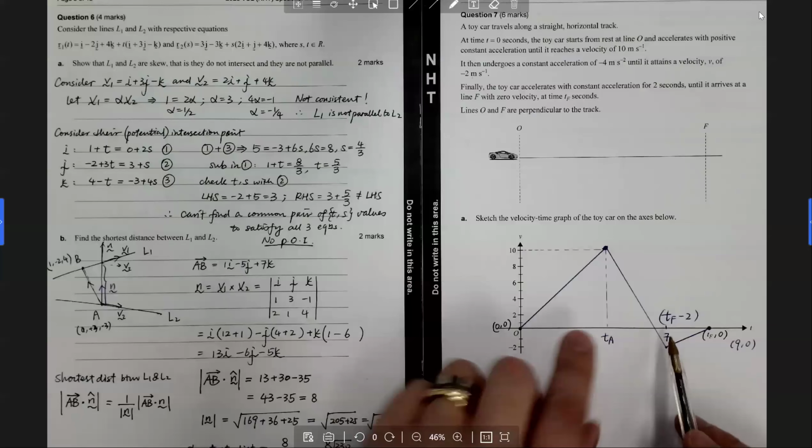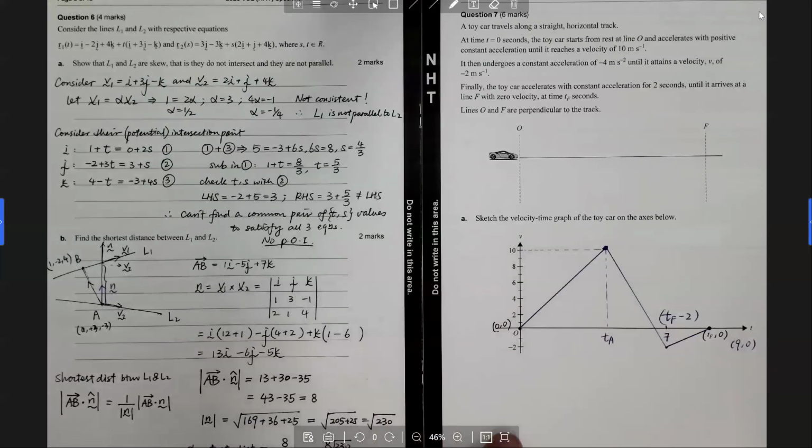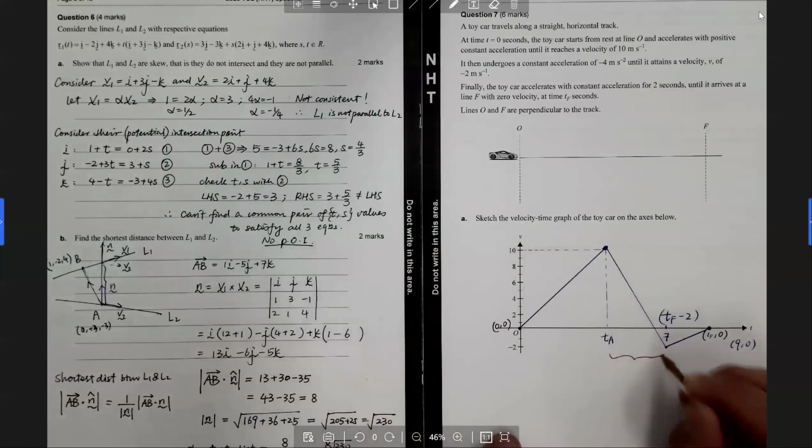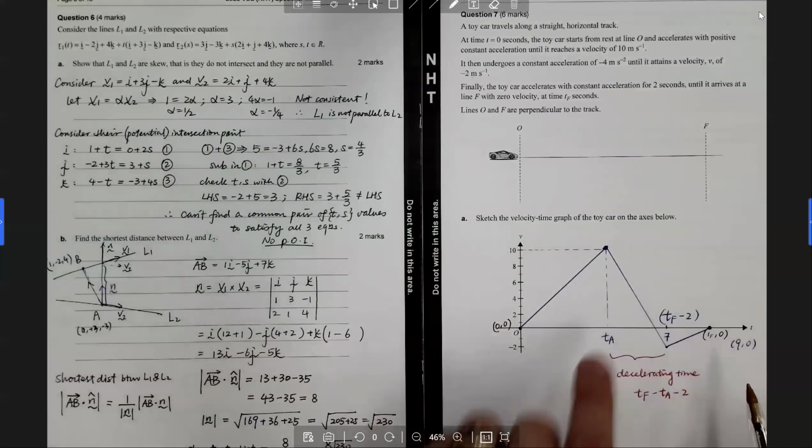And from TA to TF minus 2, this bit of time, the decelerating time, is TF take away TA take 2, okay? The difference between these two values.